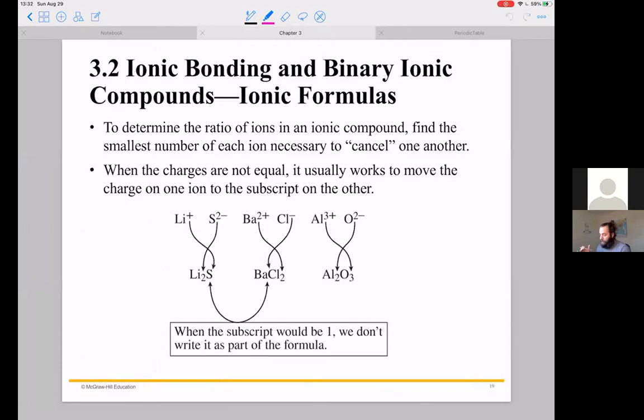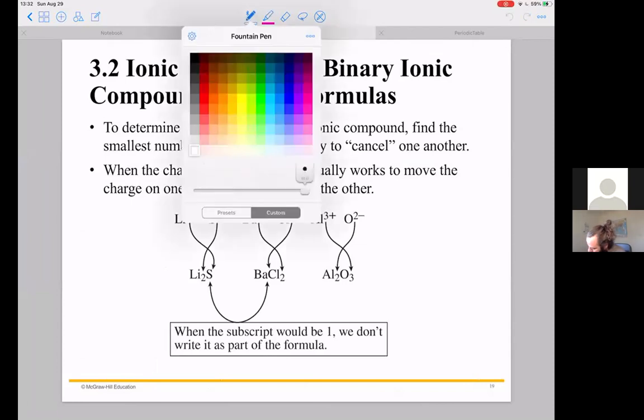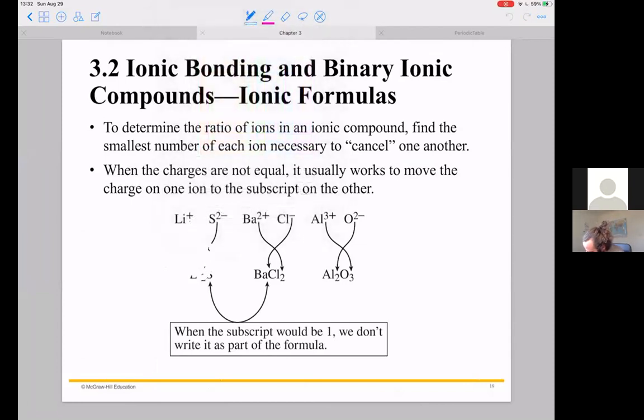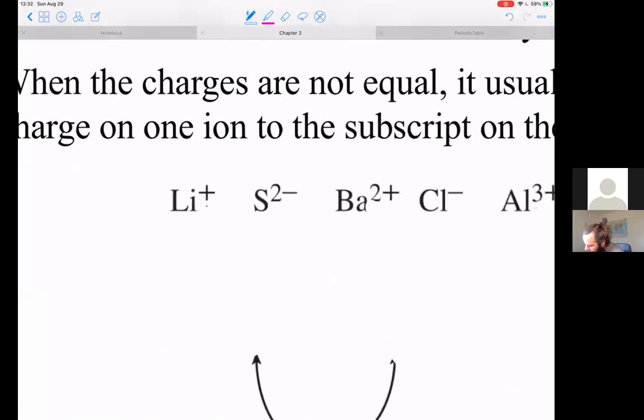We could get a little bit more complicated.